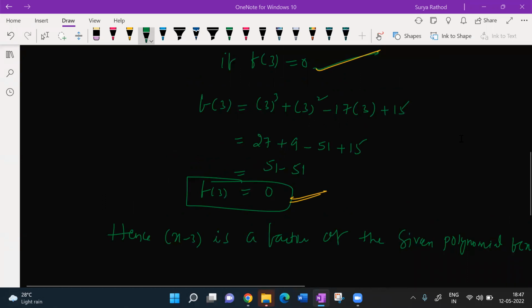Ayesha, any doubts? No, sir, no doubts. Ashvika, Jashmita, Lalit, Nitya, Palak, any doubts?